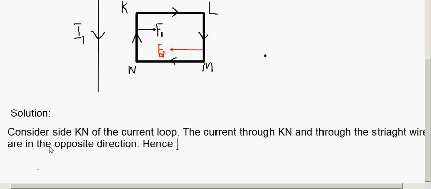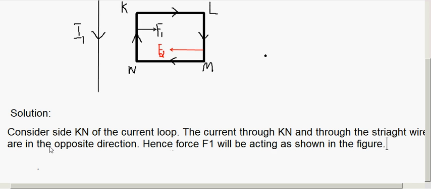Hence force F1 will be acting as shown in the figure. Because the currents are in the opposite direction, the force is repulsive in nature. So on KN it will be acting away from the wire.